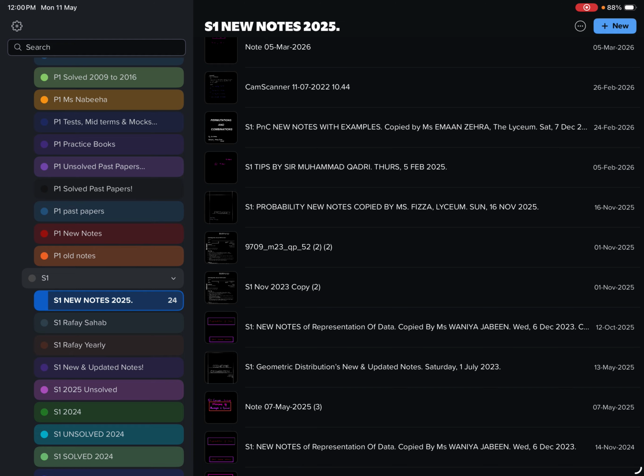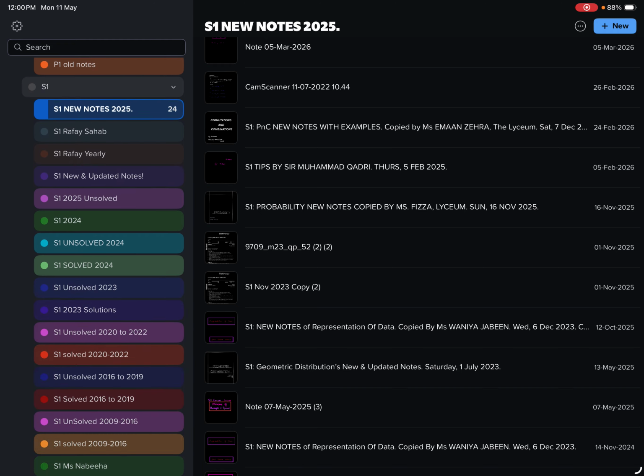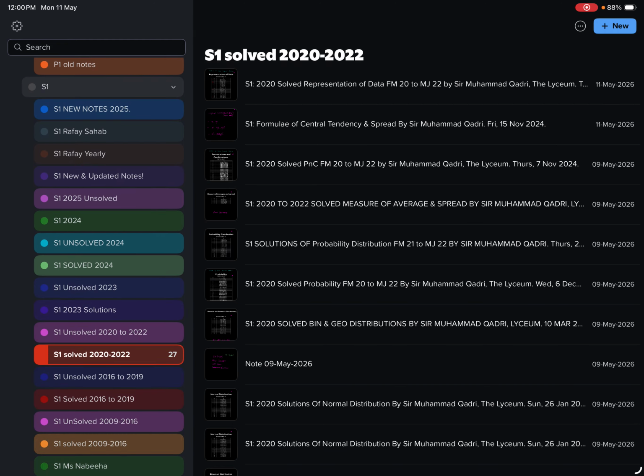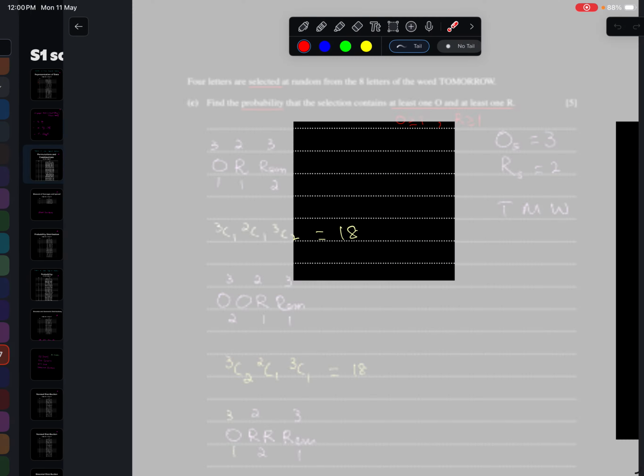Now the next thing is you should know when to use box method, when to use the spaces method, when to use counting method in permutations and combinations, PNC.